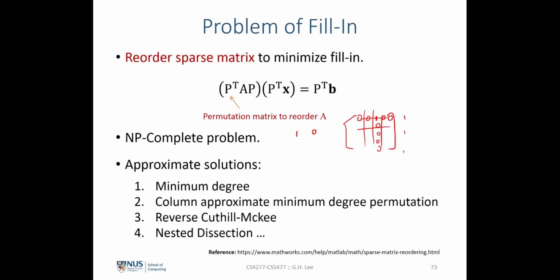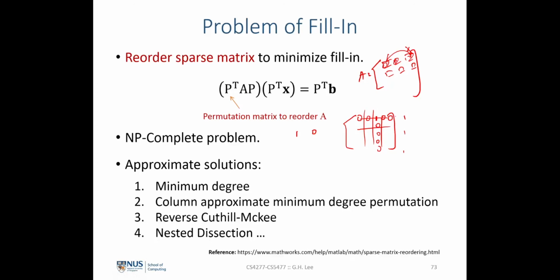Given a square matrix, all the entries in it would be reordered. That means I will have to swap some of the entries by simply applying the permutation matrix on the A matrix. I'll not go into the detail of this.